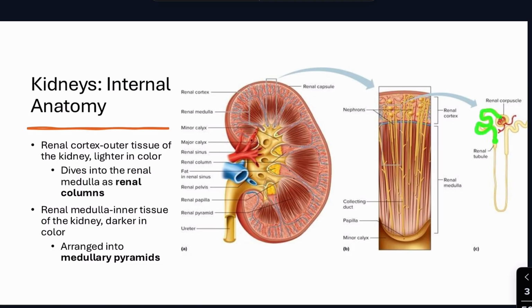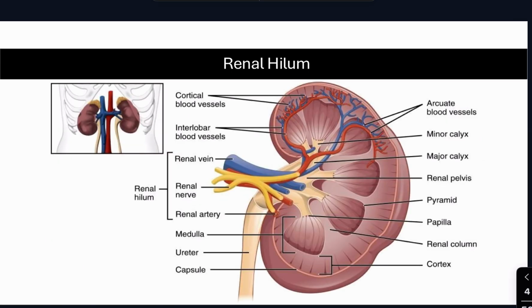Now, before we dive into some of the more nuanced structures of the kidney, I do want to bring your attention to a structure called the renal hilum. This is going to be the entry and exit site for structures servicing the kidneys, right? So we can see those over here. The renal hilum is going to be right in this area.